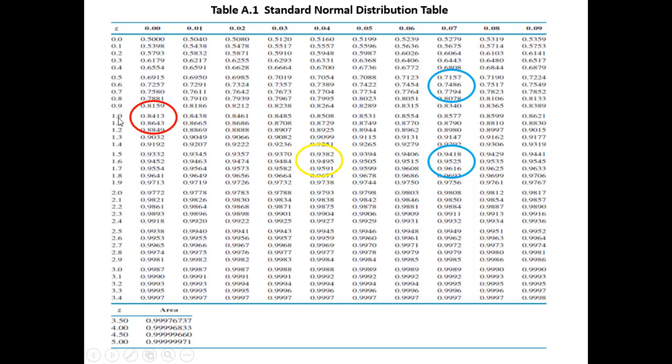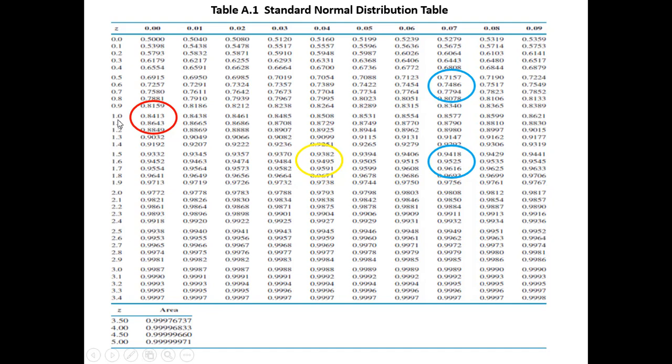Okay, so the way to use this table is we find our z to 2 decimal places, and then you find the row when you just consider the z value to 1 decimal place. So here we have 1.0, but we really have 1.00, so we know we are in the first column.